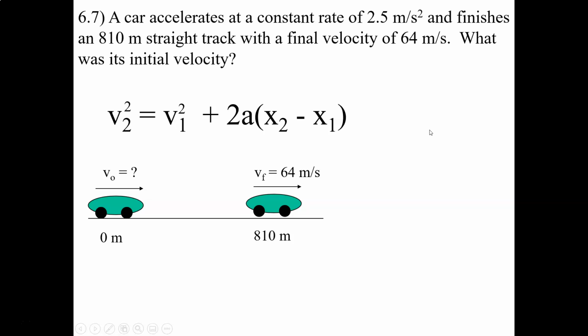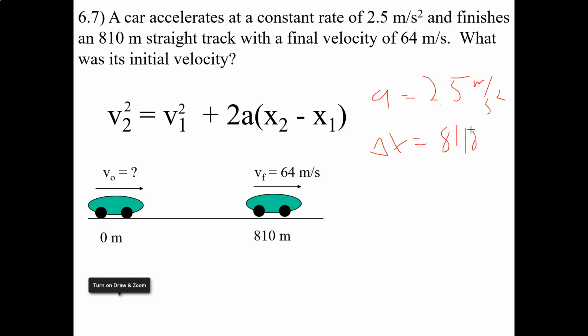So working a problem with this, a car accelerates at a constant rate of 2.5 meters per second squared, finishes an 810 meter long track with a final velocity of 64 meters per second. What was its initial velocity? So we're given a equals 2.5 meters per second squared. We're given displacement equals 810.